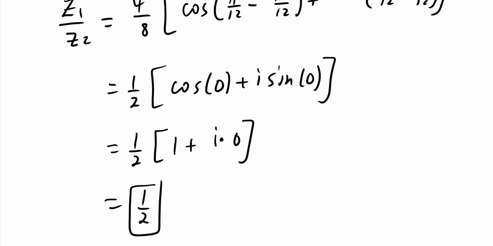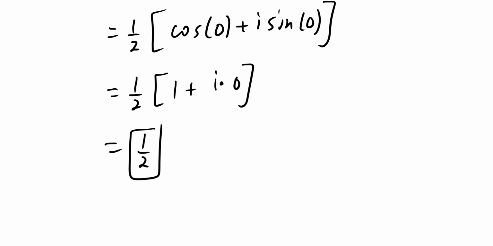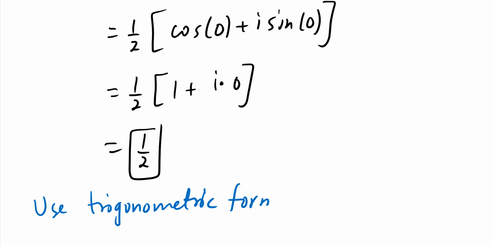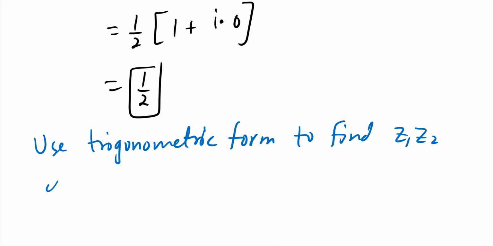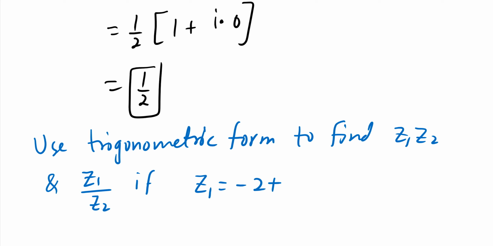Now, as another example, let's say we are asked to use trigonometric form to find z1 z2 and z1 over z2, if z1 is -2 plus 2i square root of 3 and z2 is square root of 3 plus i.